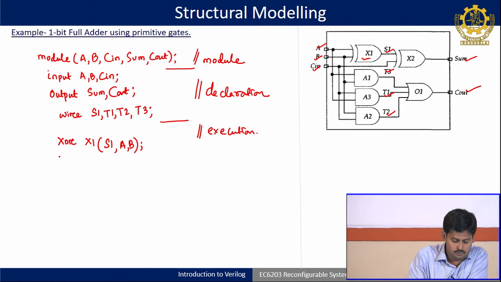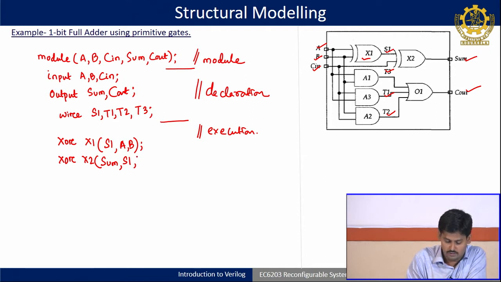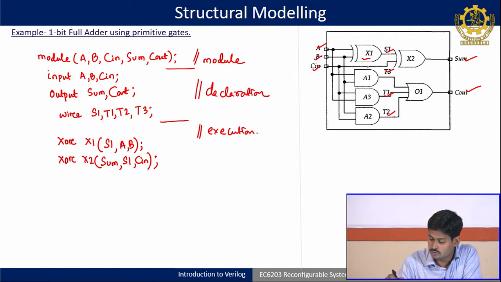Then for another XOR I can write xor, then X2, then the X2 output is now sum. So I can write sum, comma input is S1, comma another input is C in. So this input goes here to C in, right. So XOR is over, right.